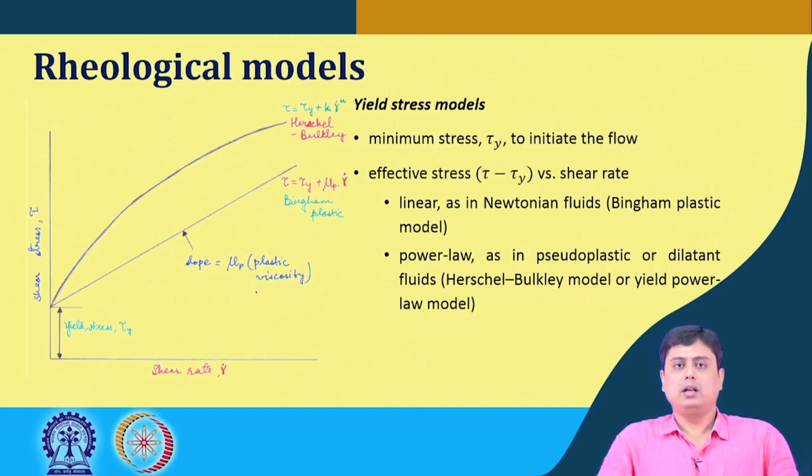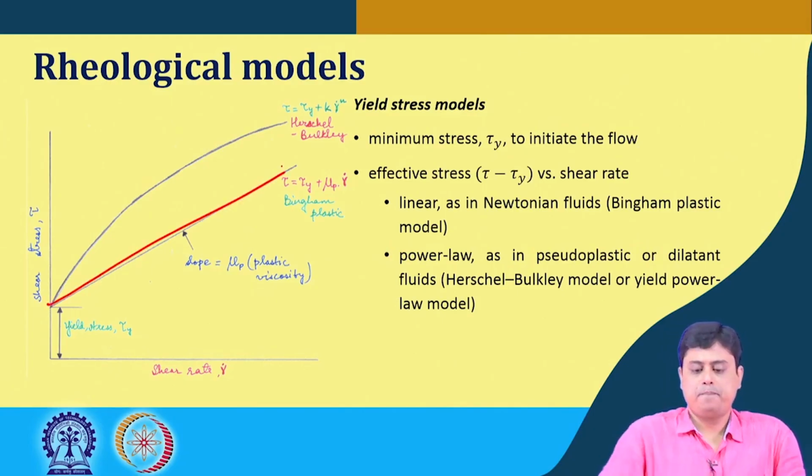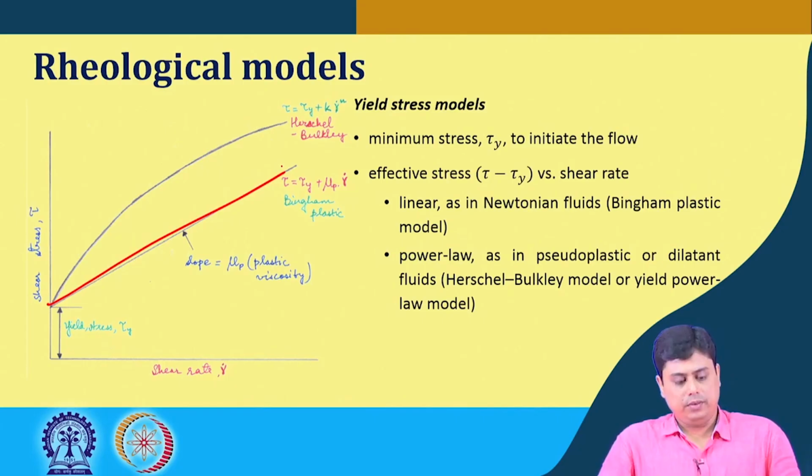This behavior can either be linear or it can behave as a power law. If it is linear, as in Newtonian fluids, then this model is called the Bingham plastic model.